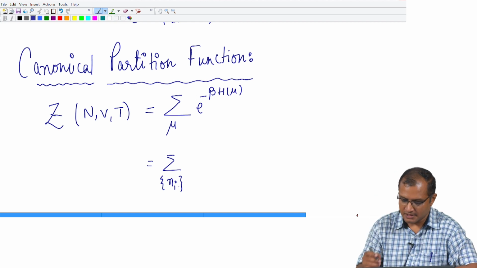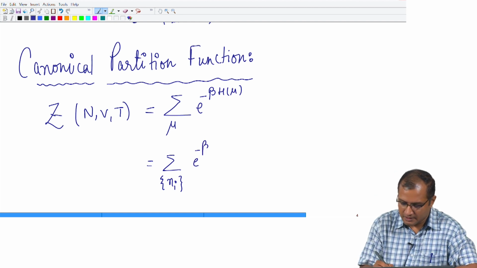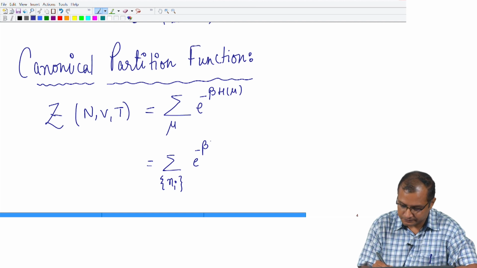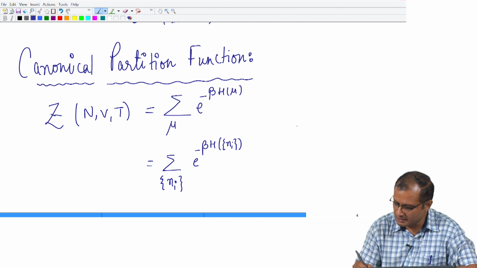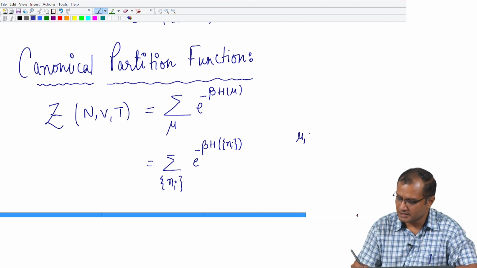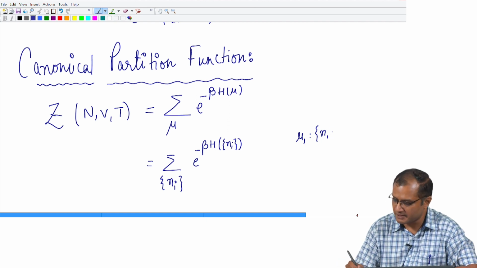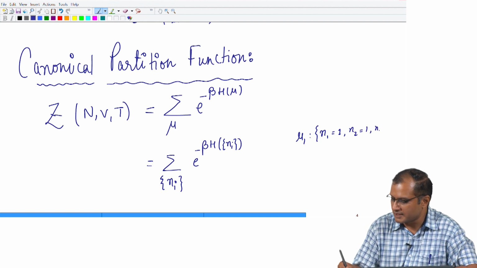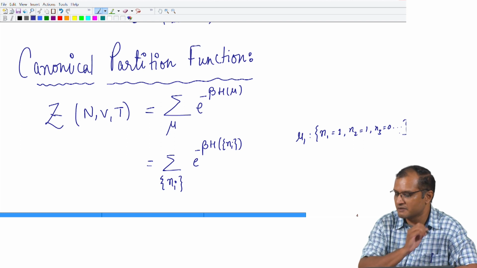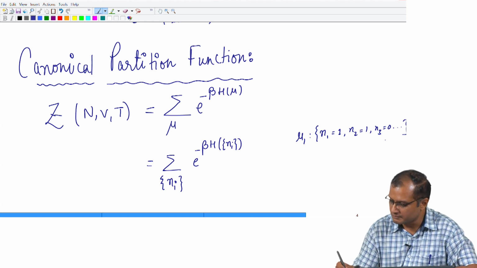It simply means that a given microstate is like, suppose I say that this is one microstate, this basically means that you can have n1, that is the excitation of the first particle, as 1, n2 as 1, n3 as 0, and so on, some specified values of these ni's all the way to the last value, which is nN.